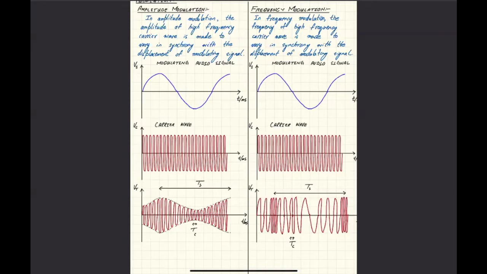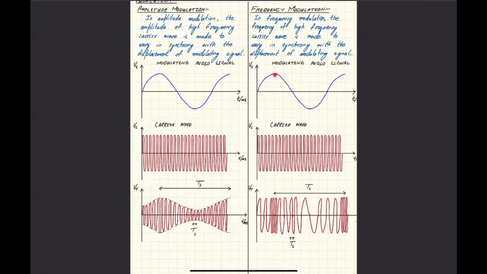And guys, in frequency modulation, the frequency is made to vary in synchrony with the speech signal. So there's going to be an original signal, and with that original signal, you have to send it through a particular specific carrier wave. In frequency modulation, the frequency of the carrier wave is made to vary in synchrony with the speech signal.